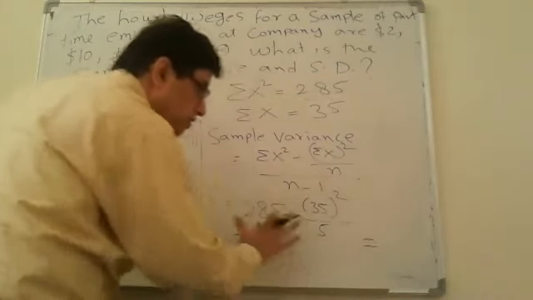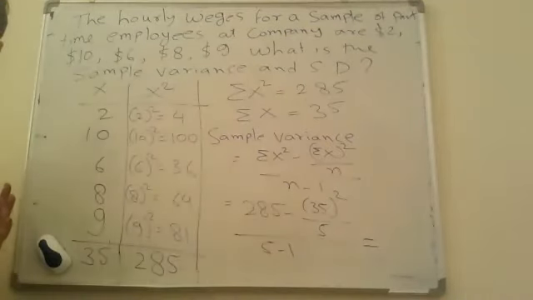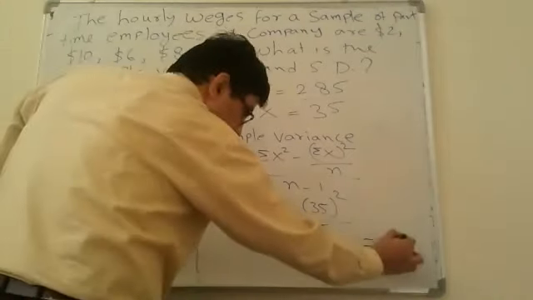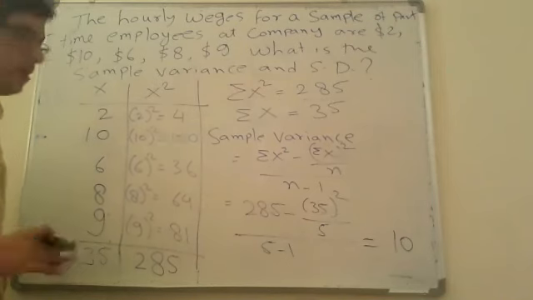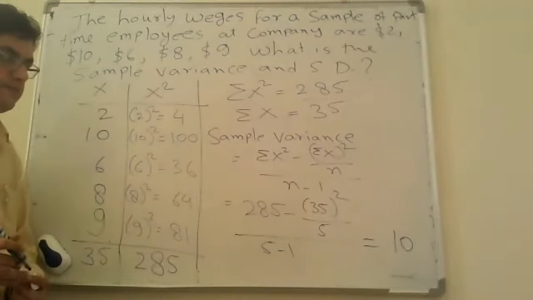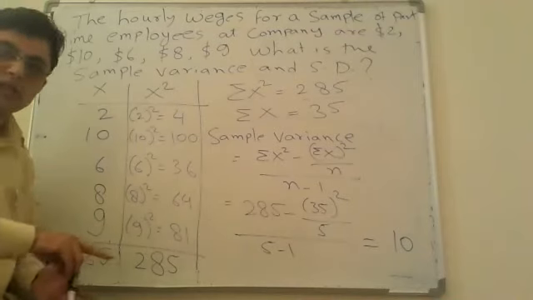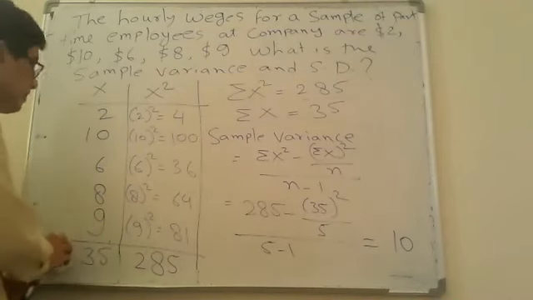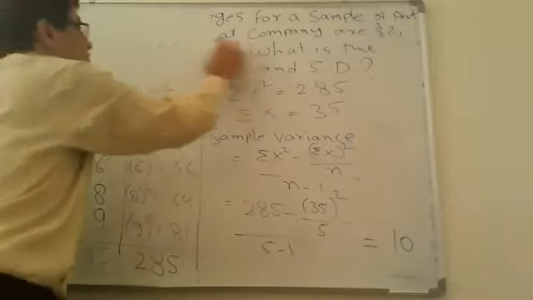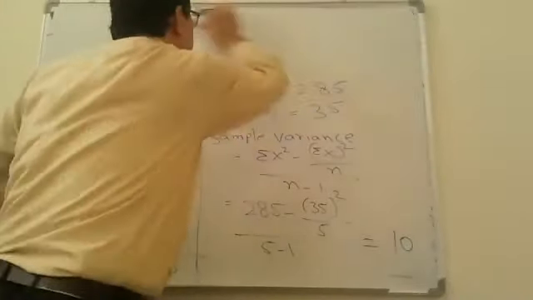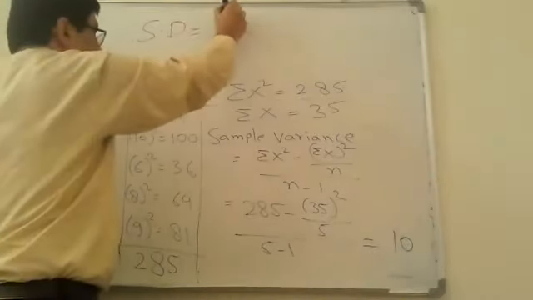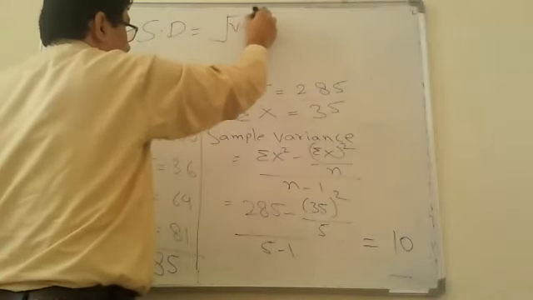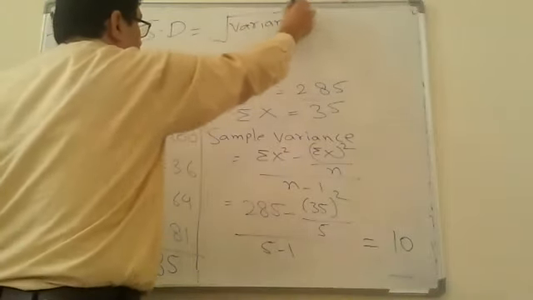If you calculate this, you will get the value 10. Check by yourself. This is the sample variance. For standard deviation, it's the same: the square root of the variance, always, either sample or population.